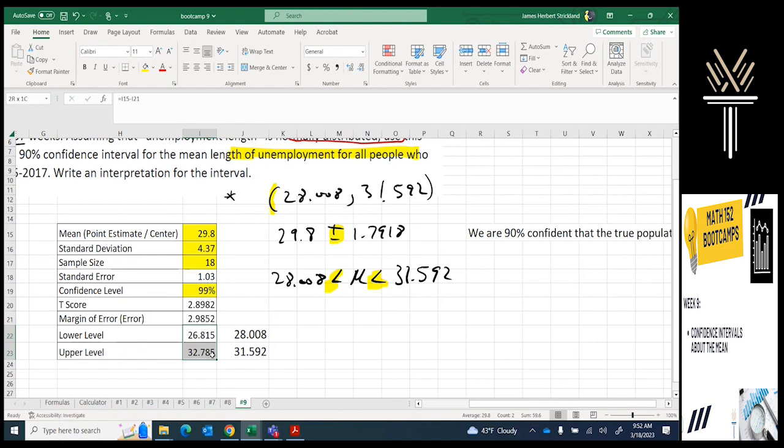These are further apart. It went from being about 3 weeks apart to now being about 6 weeks apart. So I widened the possible acceptable values. Where before I was saying the answer is somewhere between 28 and 31, I'm now saying it's pretty much between 26 and 32, roughly 26.8 and 32.8. So I made a wider net.